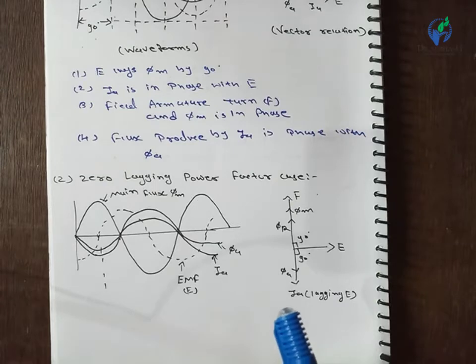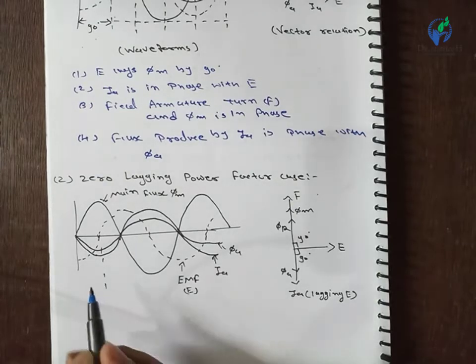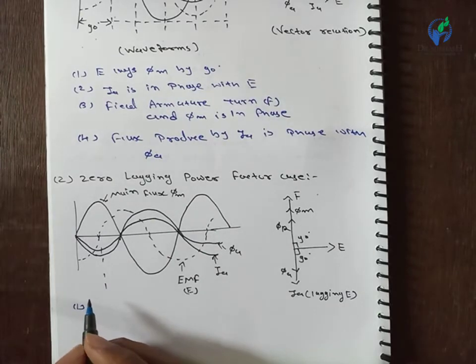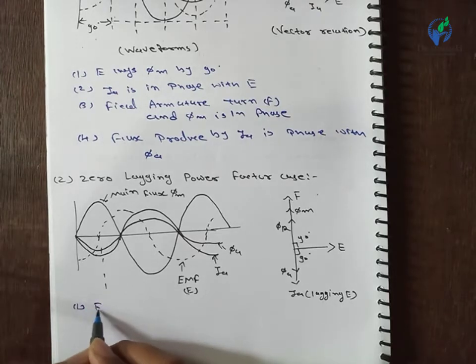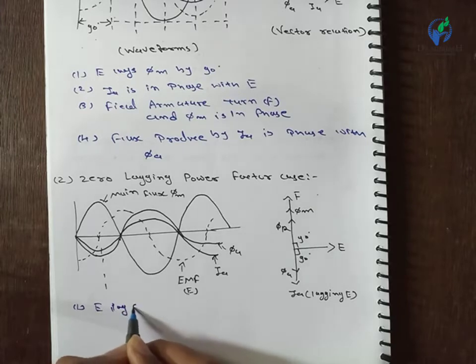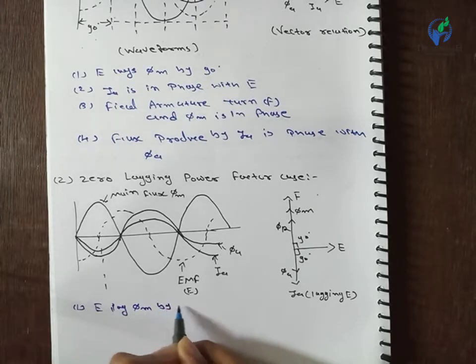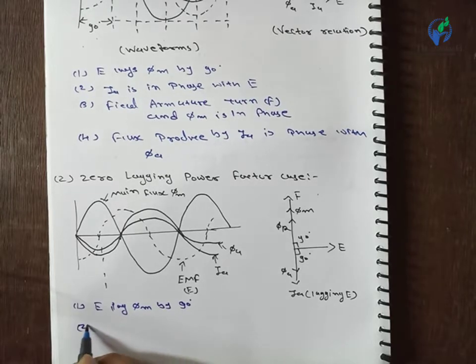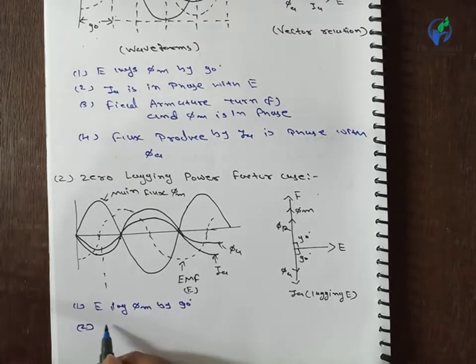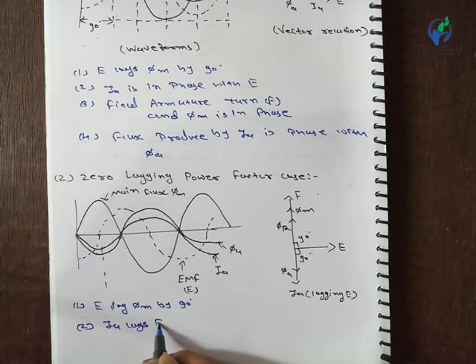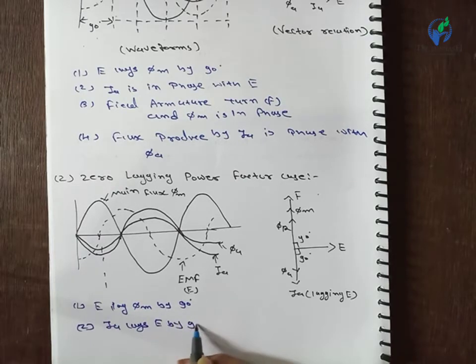For the phasor relation, we take some important points. First, E lags phi m by 90 degrees. The second point is that the armature current IA lags E by 90 degrees.